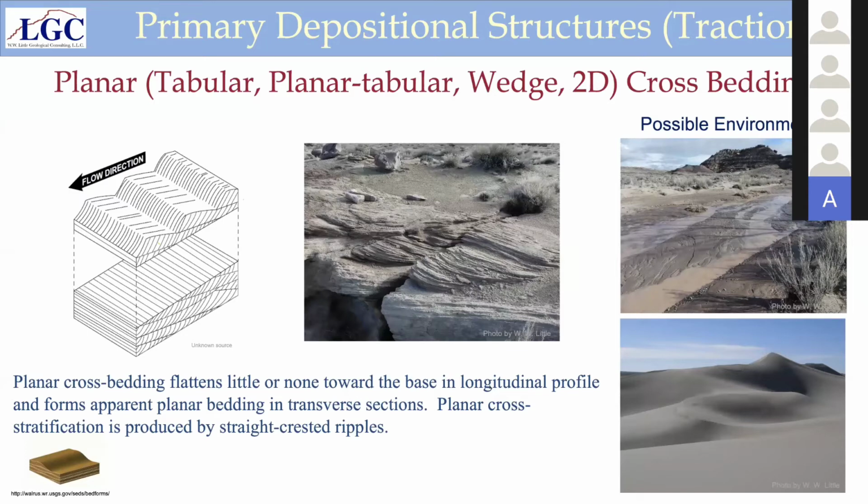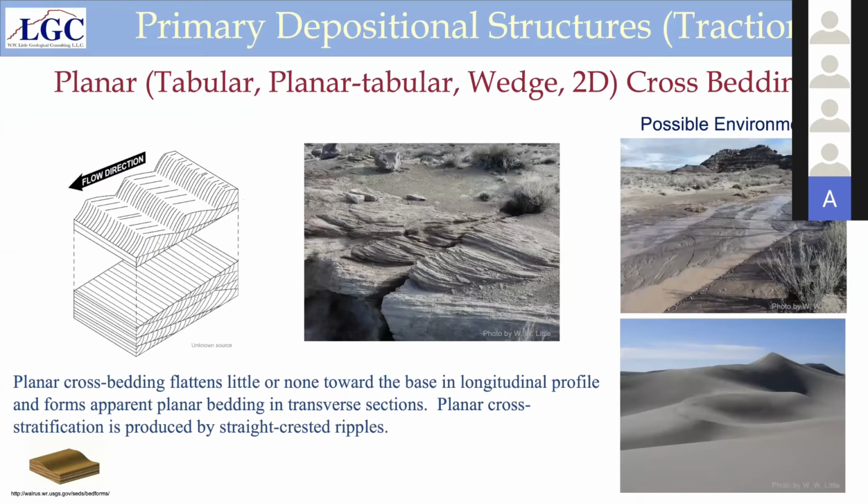We do tend to see planar cross-bedding more frequently in braided rivers than in meandering rivers. But the reason for that is because of the very high sediment supply. And as the amount of sediment increases, there tends to be a transition, as I mentioned earlier, from the trough into the planar cross-bedding, or as flow velocity decreases.